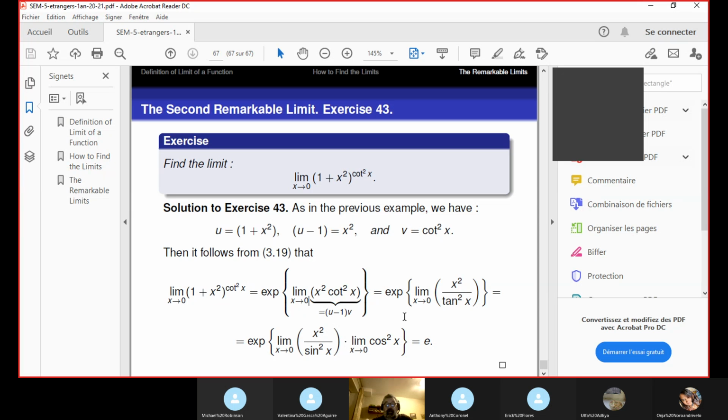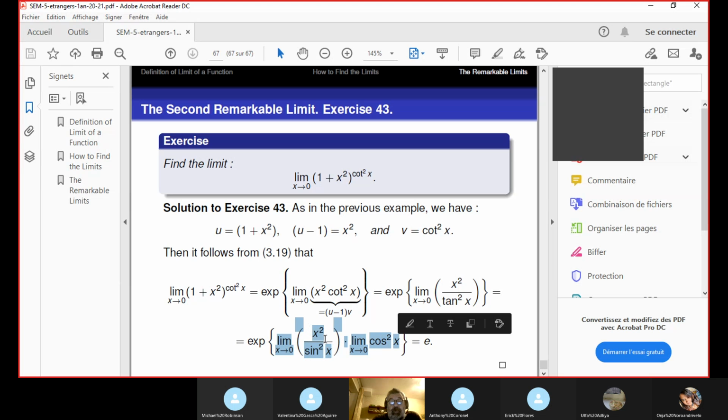Then it will be the limit as x goes to 0 of x squared over tangent square of x. Knowing the definition of tangent square of x, we rewrite the argument of our exponential function in the following way.